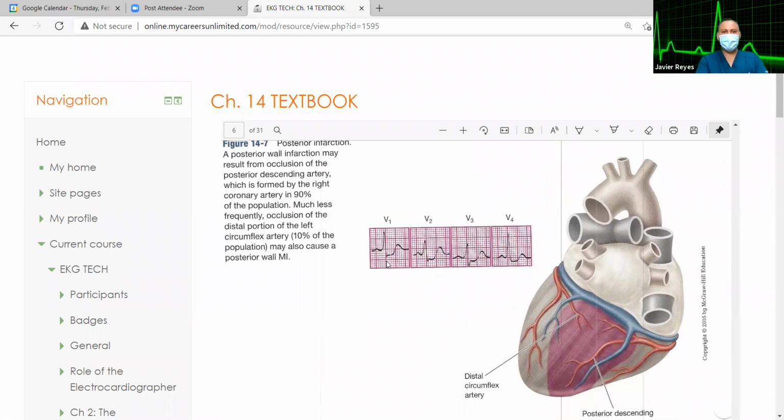Okay, this one's a bit different. A posterior means the back part of the heart. The back part of the heart is being affected. That means your distal circumflex and your posterior descending, the ones that feed the backside of the heart. So in V1, what do you see, Raquel?